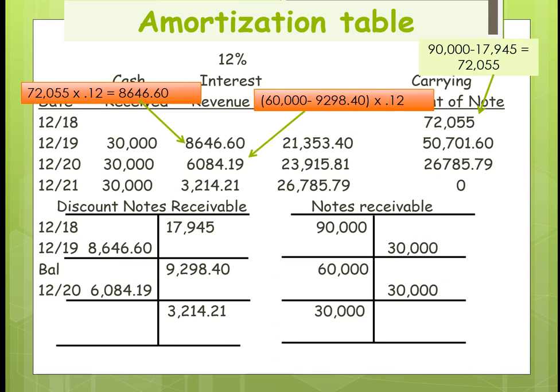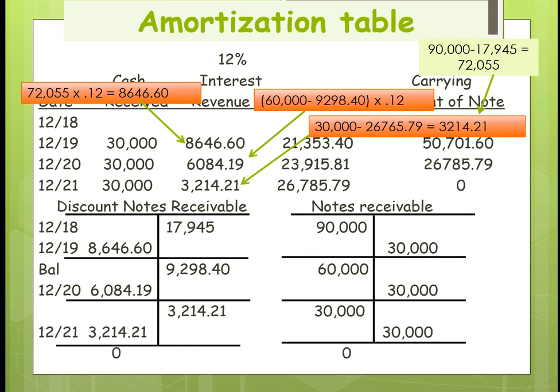And now we're going to do our last one, which would zero out. That would be our last recording of our interest revenue, which is going to zero out our account for discount on notes receivable. And when we get our last payment, it will zero out our notes receivable.